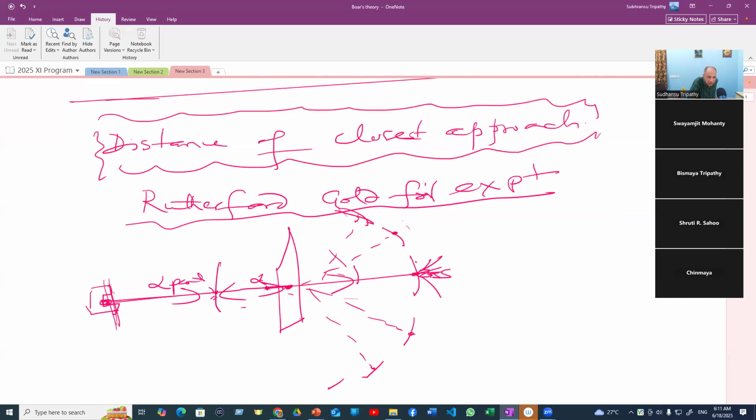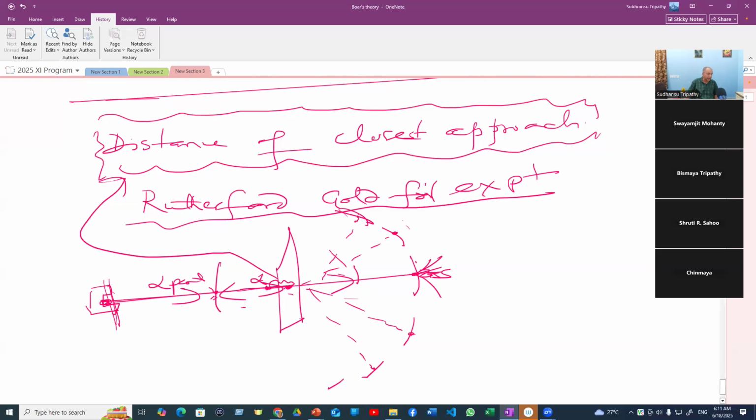So the alpha particle is going directly in the direction of the nucleus of the gold atom, and after some time it will not go closer than that distance, and it will turn back, 180-degree deflection. So that distance, when it returns back, that is called the distance of closest approach. You understand?